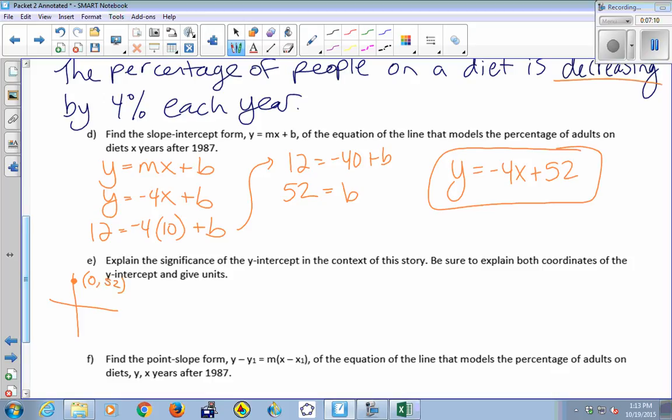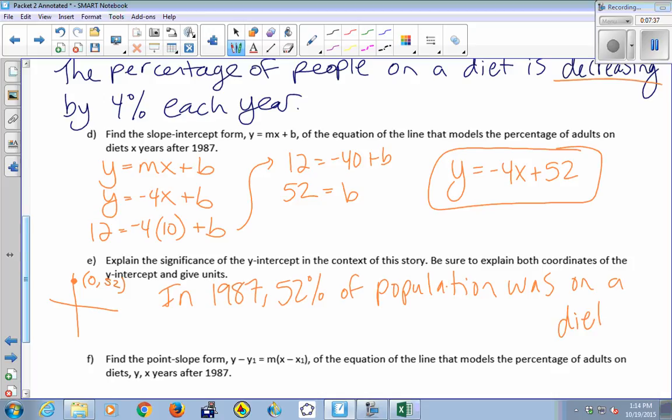So in the context of this story, what does the 0 represent? Yeah. You got it. Yep. In 1987, that's the 0 years after 1987, 52% of the population was on a diet.